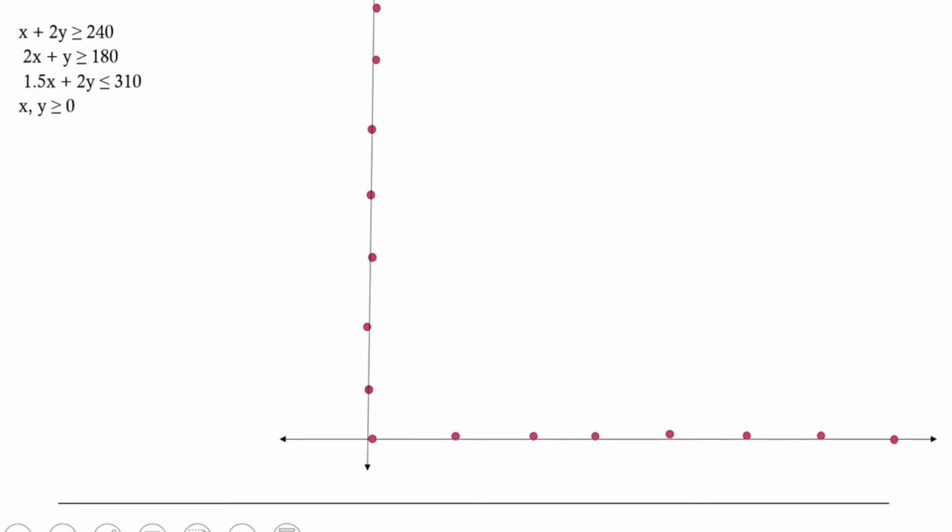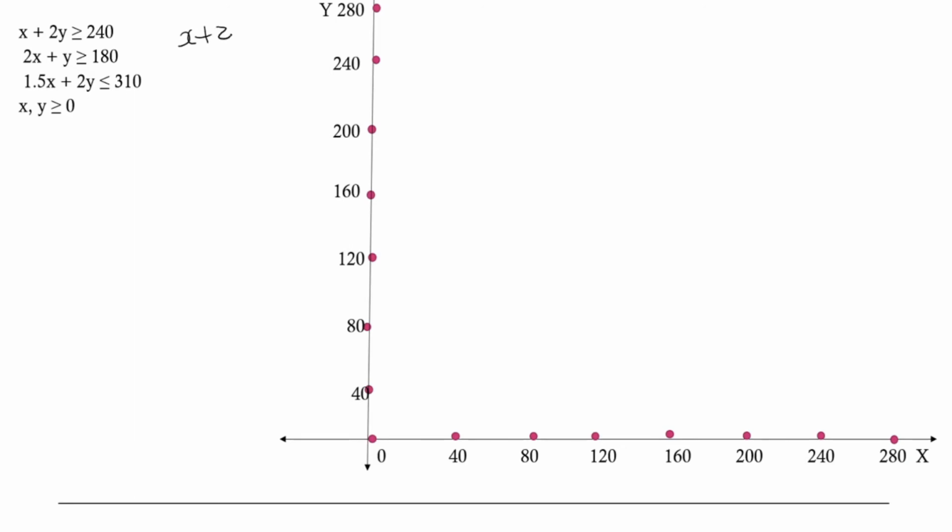So for now you can take a graph sheet, draw the x-axis, y-axis, mark X'OX, Y'OY, and I have taken points 0, 40, 80 and so on, on the x-axis and similarly on the y-axis. So let us take the first equation. The first equation is x plus 2y equal to 240.